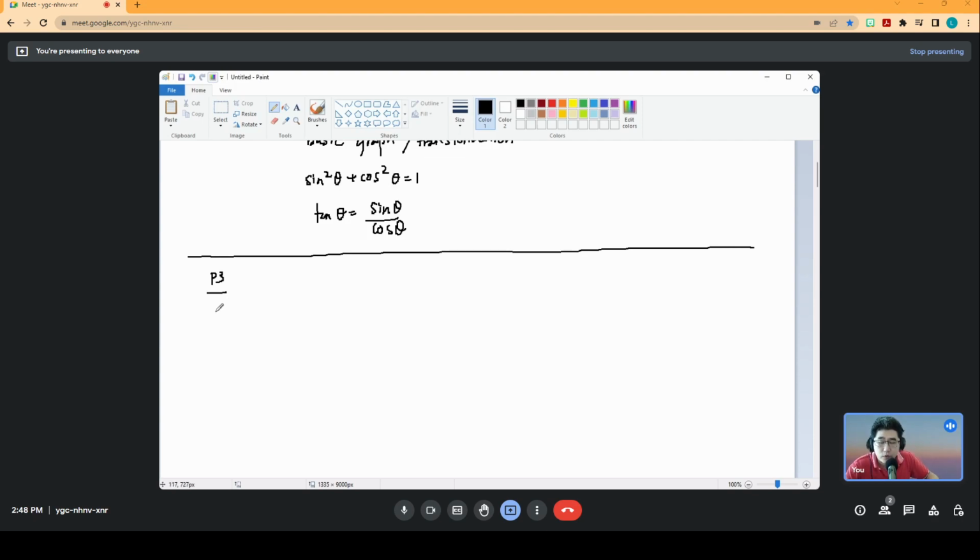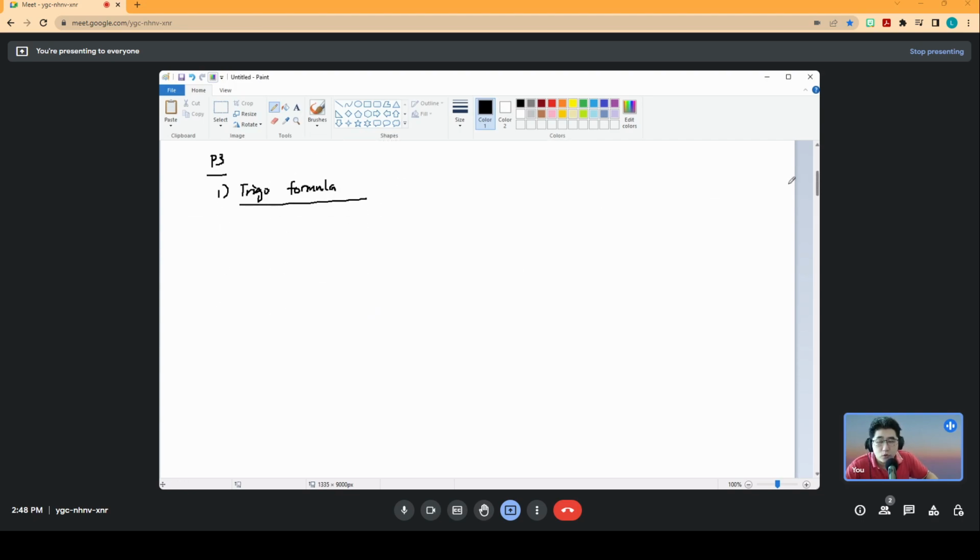For P3, first of all, let's deal with the trigo formulas. We actually have a formula chart that we can follow. Let me find the picture.